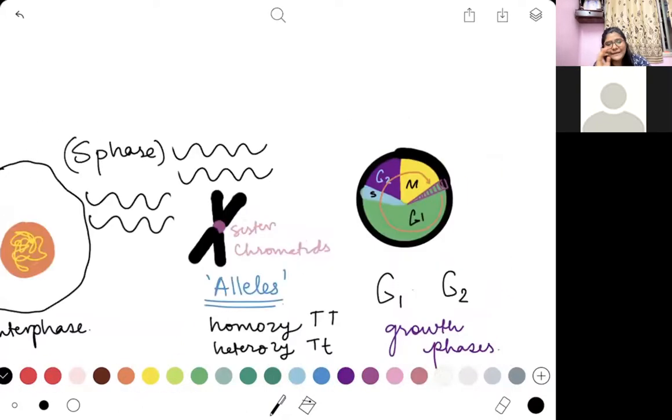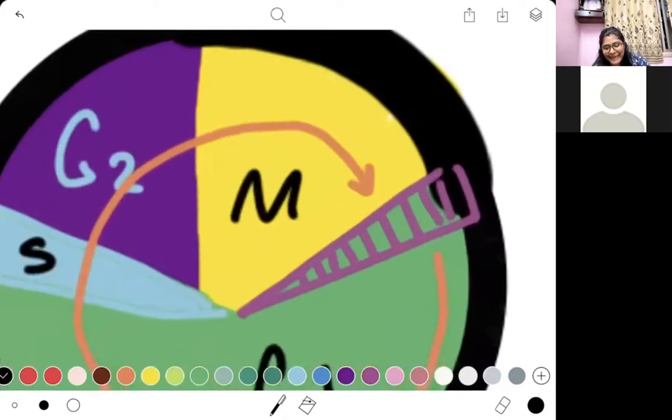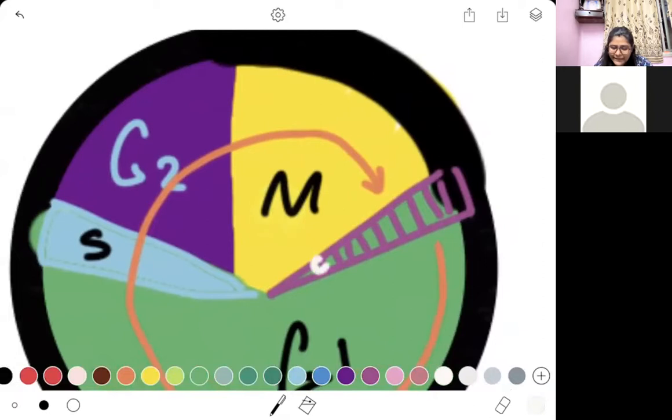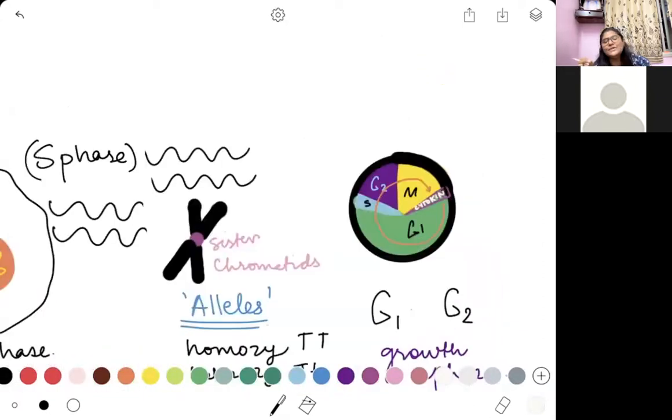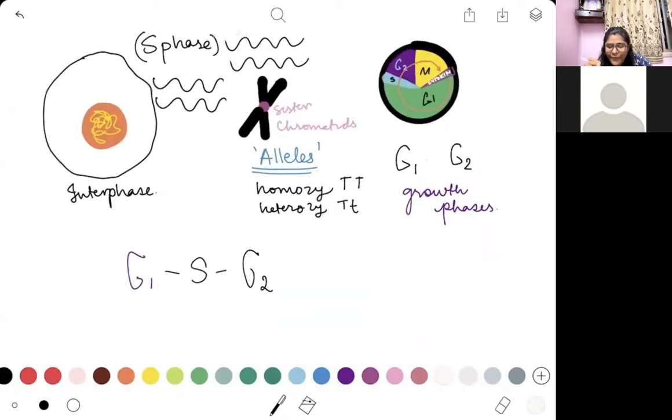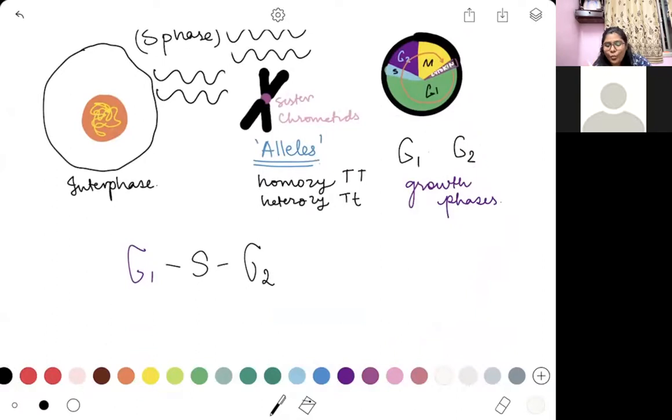The yellow part is where the cell is actually prepping all the material to divide, and then at this part, here, the cytokinesis is where the cell is going to actually divide. Now what we were seeing till this part was your G1, S and your G2 phase. Now let's go and talk about the different phases of your mitosis.